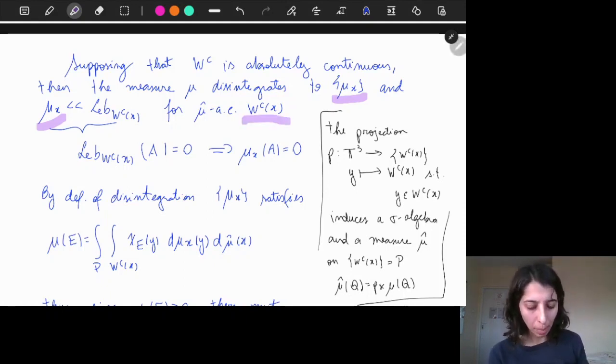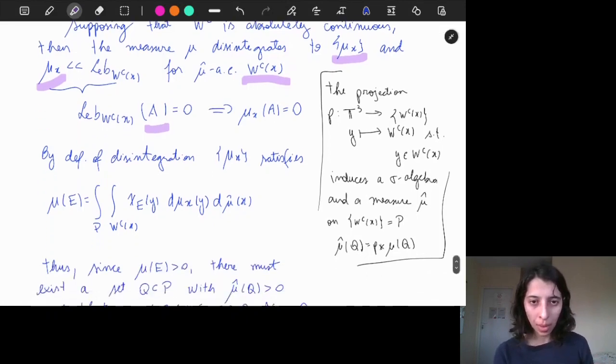This means that if the Lebesgue measure restricted to the leaf of a set A is 0, this implies that the conditional measure of the same set A is also 0.